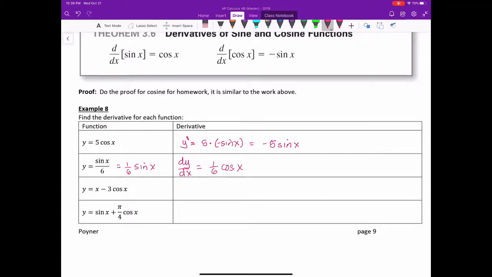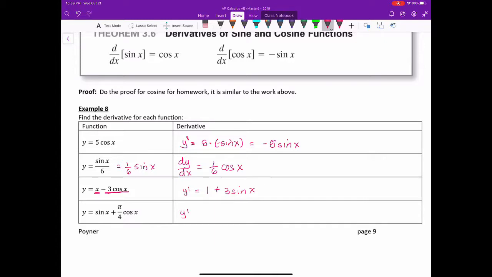For the next one, there's just 2 terms. You just have to remember to do those 2 terms separately based on the difference rule for derivatives. So y prime in that case is going to be 1 minus 3 sine of x, but it's going to be negative sine, so that changes that to a plus. Try the next one.